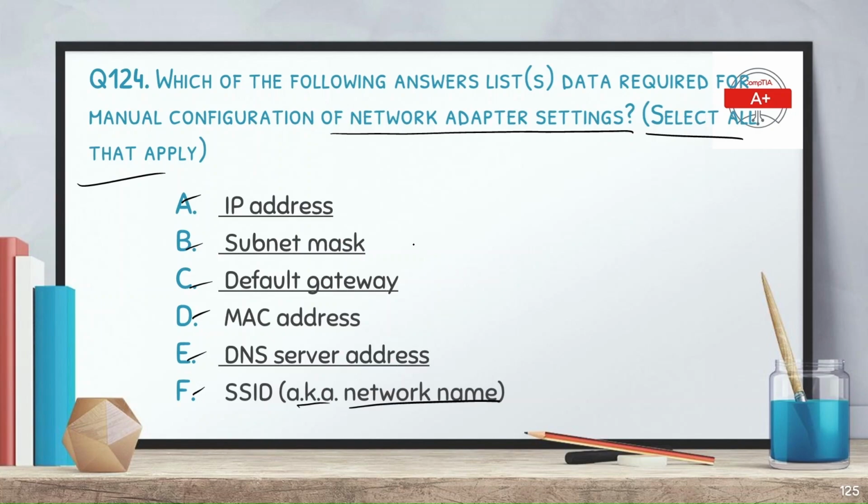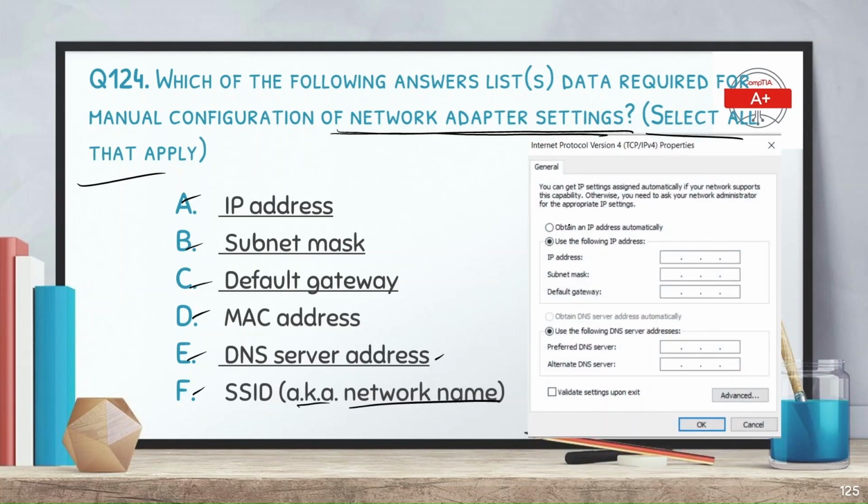And the correct options are: all of these are required for the manual configuration of a network adapter, namely IP address, subnet mask, default gateway, and the DNS server. This is just a visual, a screenshot of this manual configuration of the network adapter. So here we can see that you require the IP address, the subnet mask, and the default gateway, as well as the DNS server.